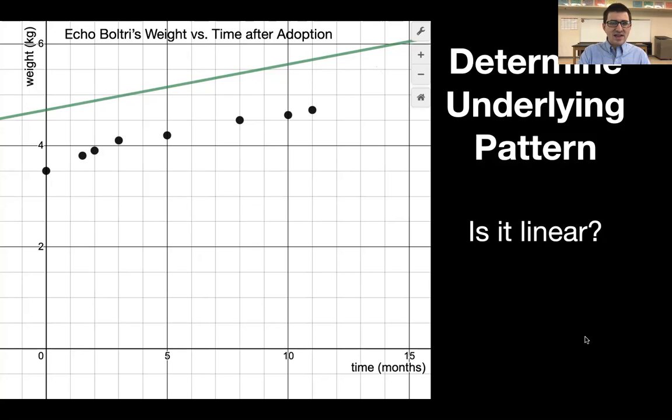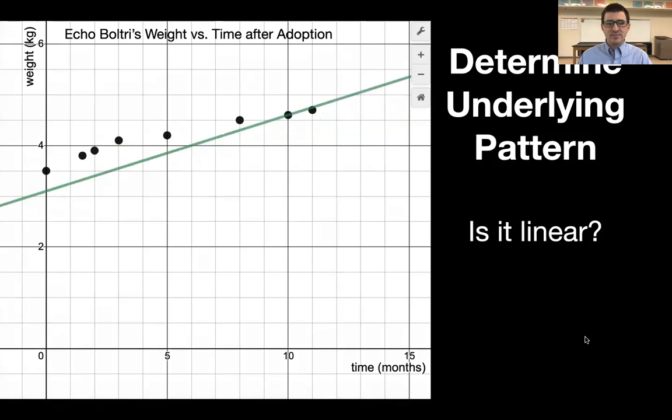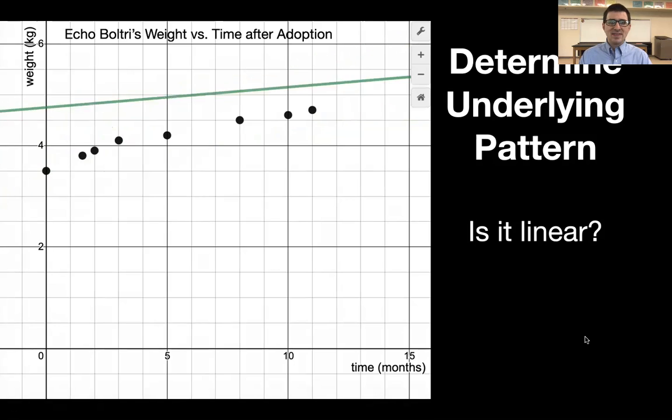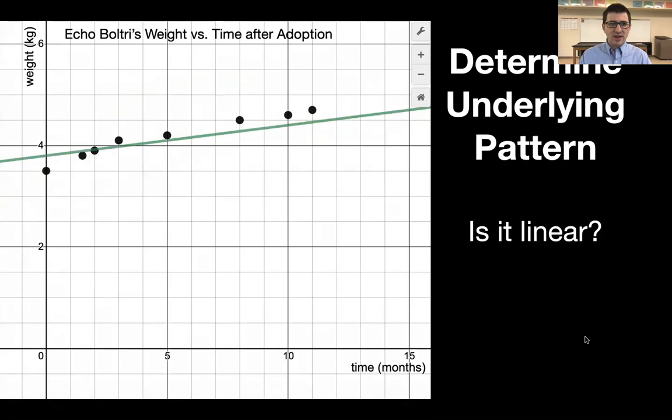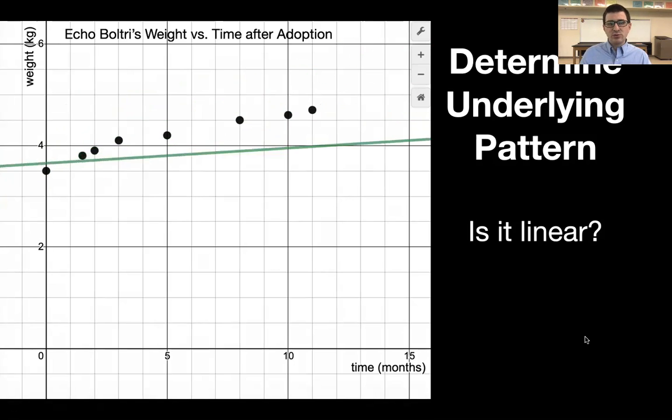But if I start to move the line around a little bit, I can try to pick a good starting point. And then once I have a good starting point, I can play with the slope a little bit to see where I can get the line to go through as many of the data points as possible, while trying to find equal amounts above and below the line.